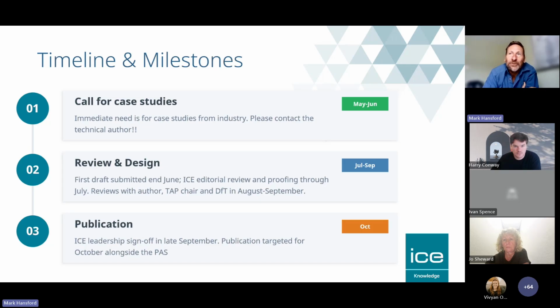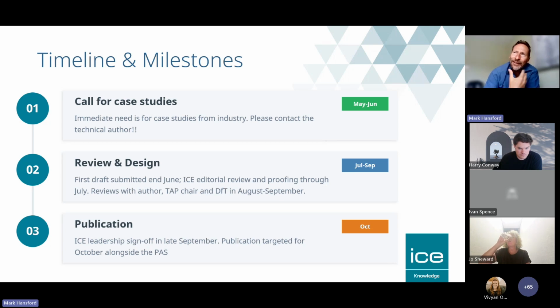And generally, anyone who has some great case studies which you haven't yet shared, what we're trying to do is scatter through the PAS lots of mini illustrative examples of how specific requirements are being met. So definitely still looking for some good case studies to go into the guidance document itself.